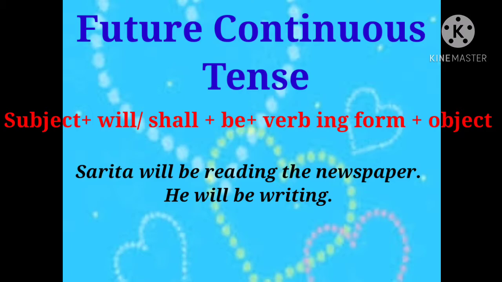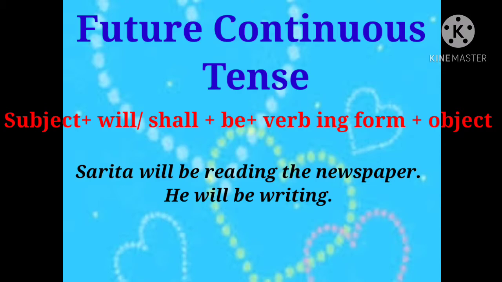We use the verb ing form for continuous tense. If it is present, we will use is, am, are plus ing, and if it is past, we will use was, were plus ing, and if it is future, then we will use will, shall plus be plus ing form.